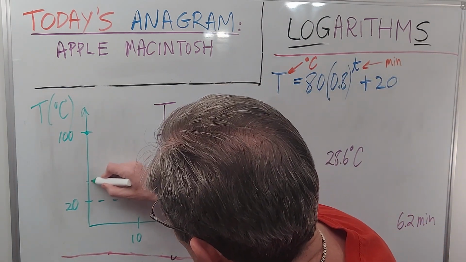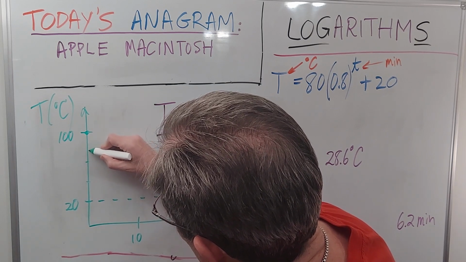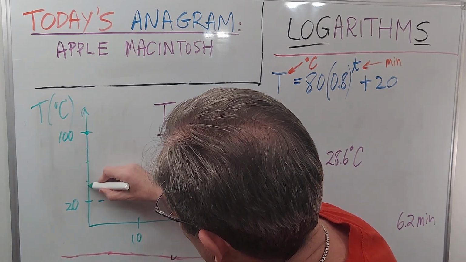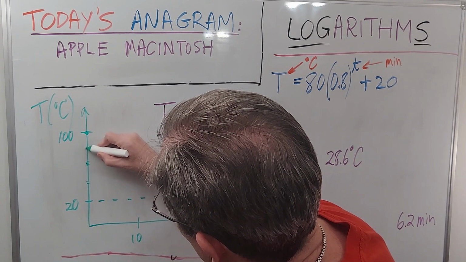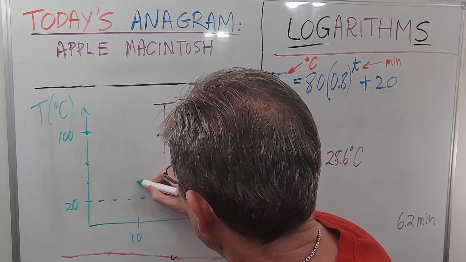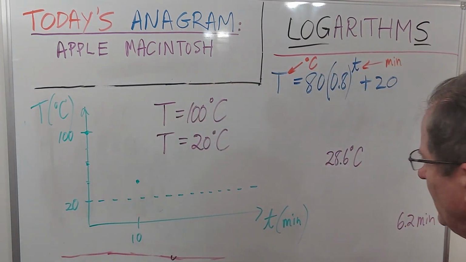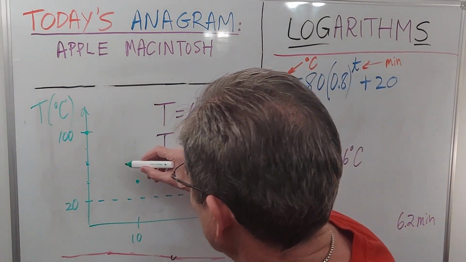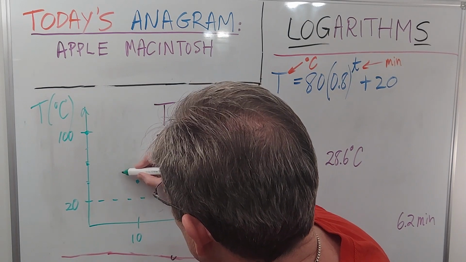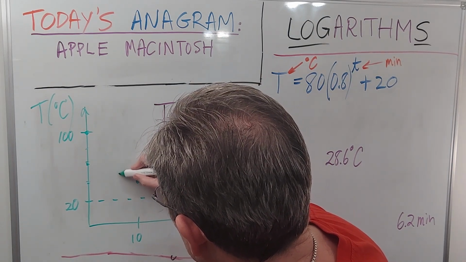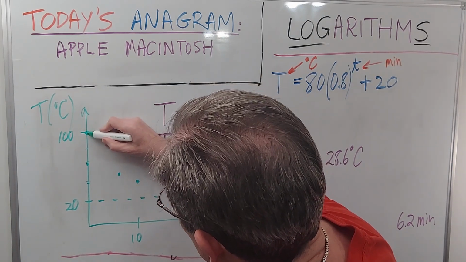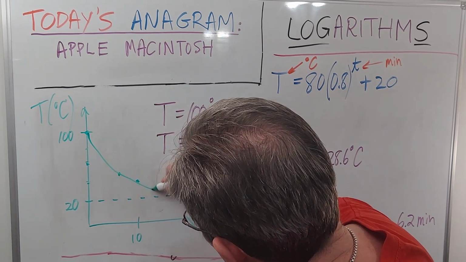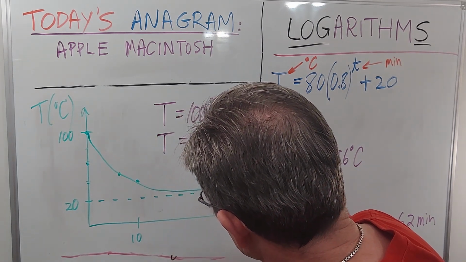So if that's 20, this might not be super accurate, but it'll be about here. And it takes 6.2 minutes to get down to 40. So let's say that's about here. Close enough. So the graph looks like this, to the best of my ability.